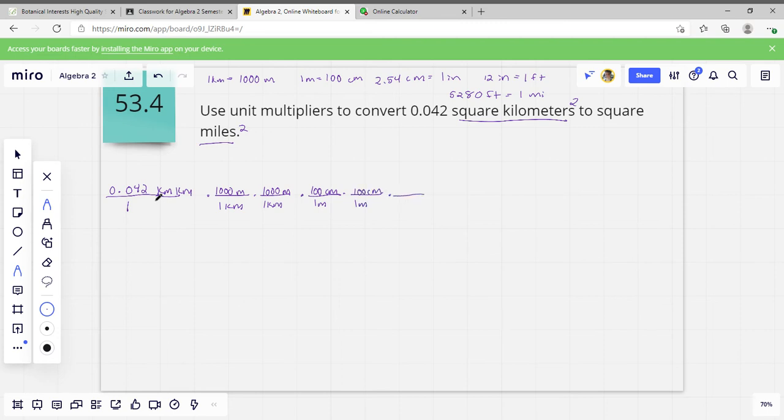And then we're going to go 2.54 centimeters is 1 inch. And we do that again. 2.54 centimeters in 1 inch. And then 12 inches in 1 foot, and then 12 inches in 1 foot again. And then 5,280 feet in 1 mile, and again 5,280 feet in 1 mile.